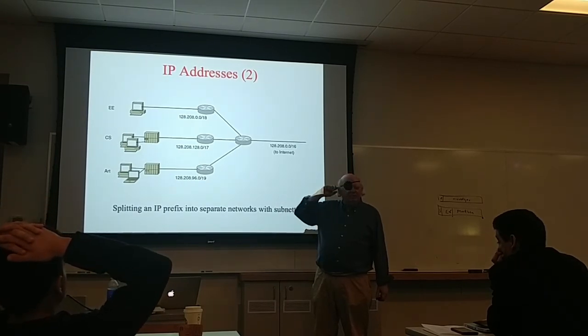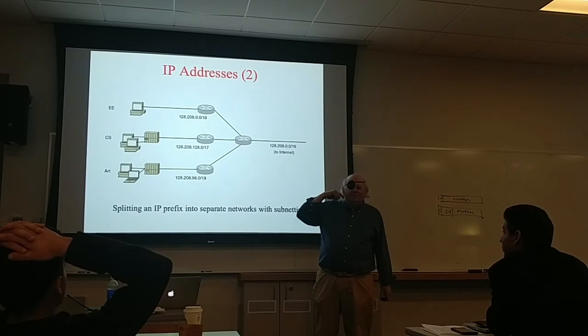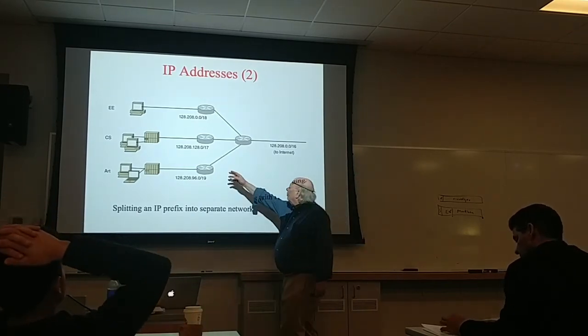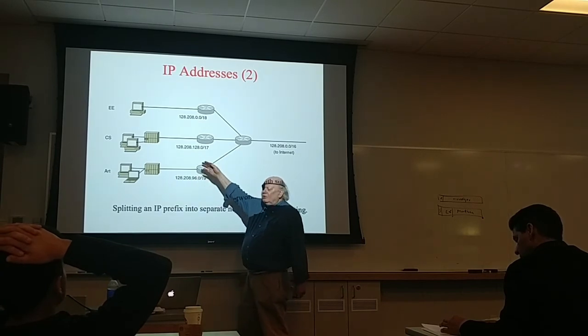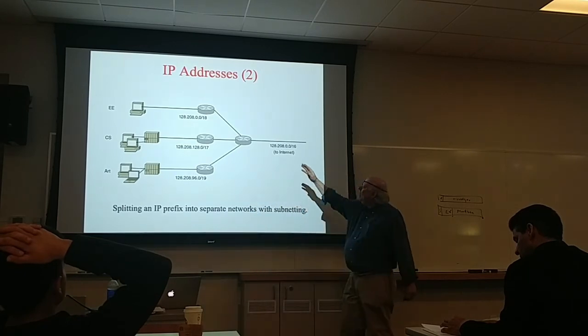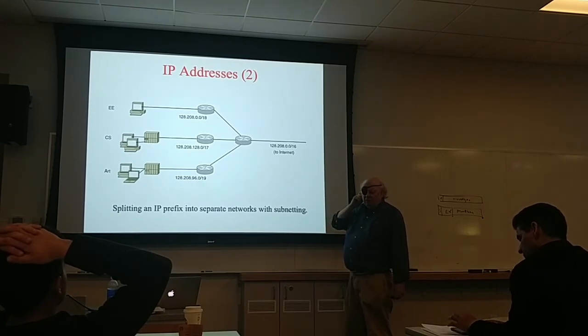Right? 128 is 1, and the rest zeros. So if this is a 128, it's going to be 1, and that's this one. And that one can be a 128.0.0/18, which is the number of 1 bits in the mask.